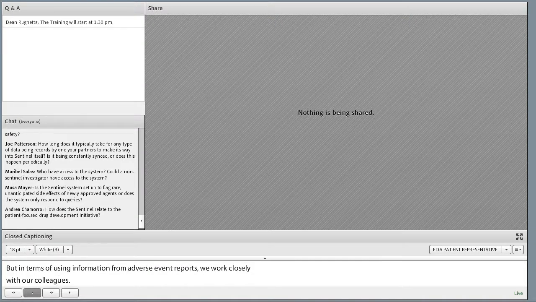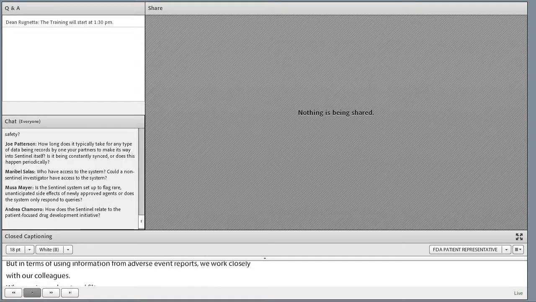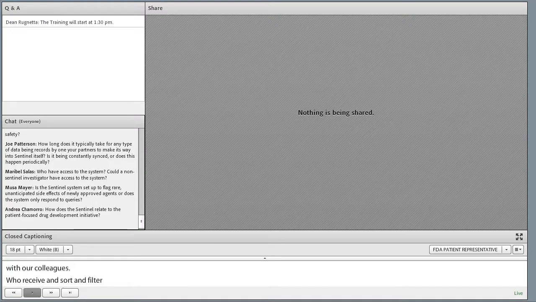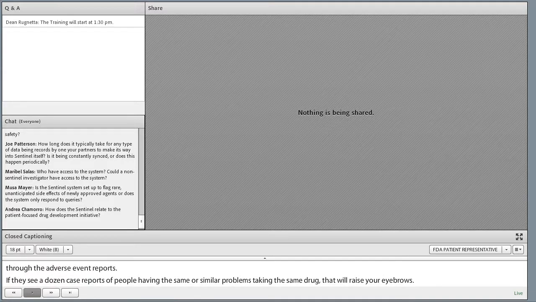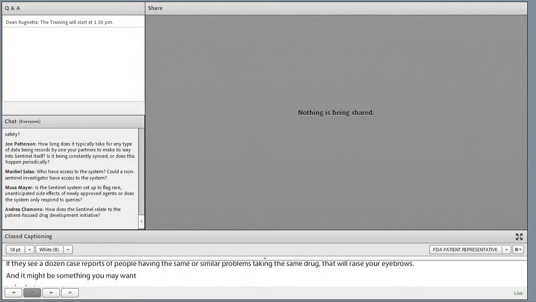If they see a dozen case reports of people having the same or similar problems after taking the same drug, well, that's going to raise your eyebrows. That's going to be something you might want to look at a little bit more closely. See if there's anything you can glean, and then hey, maybe we'll call up those Sentinel folks and see if they can figure this out and run some analyses to see if there's any evidence for that.